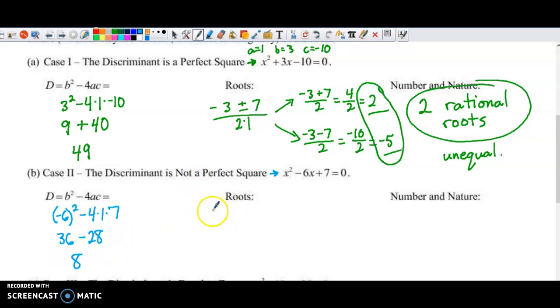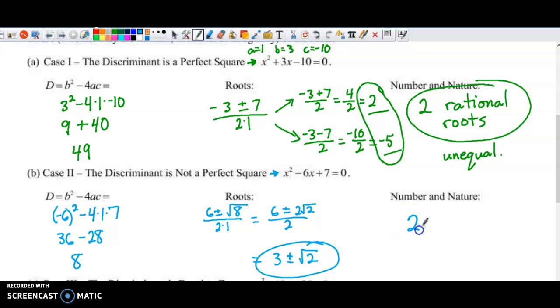Well, if you go through that process of negative b plus or minus the square root of 8 all over 2a, just as a reminder, we might rewrite this as 6 plus or minus 2 root 2 all over 2, where you might see me write it as 6 divided by 2 is 3, and 2 divided by 2 is 1, root 2. So it still has two roots, except now we have irrational, because I don't know the square root of 2. It's an irrational number.